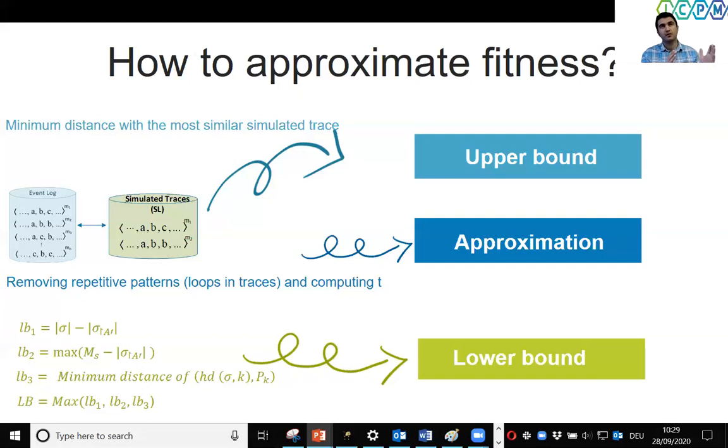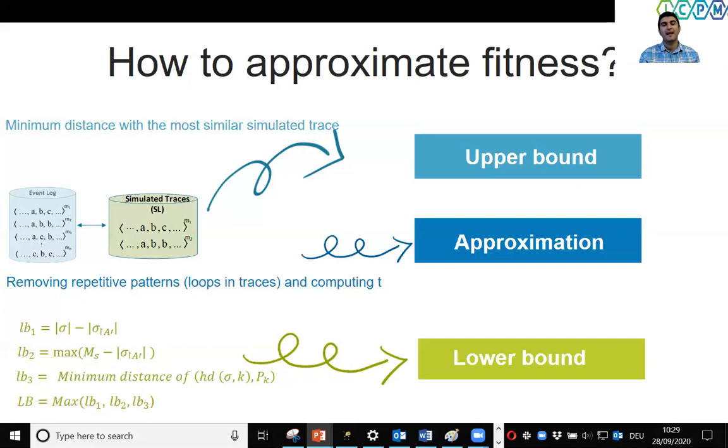So we use the subset of prefixes up to k to guarantee the lower bound.